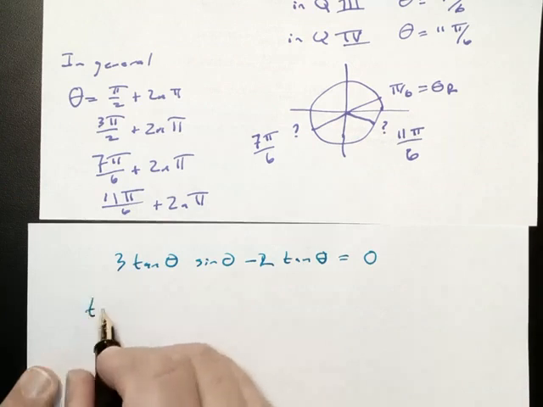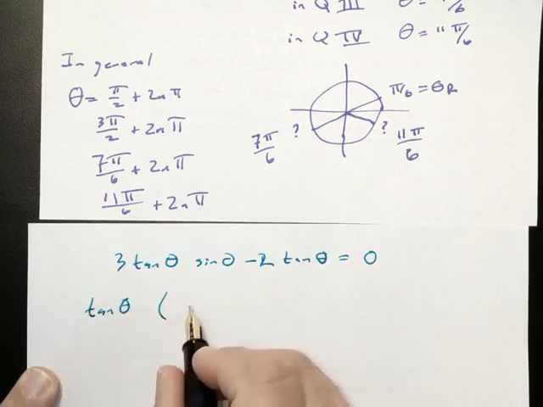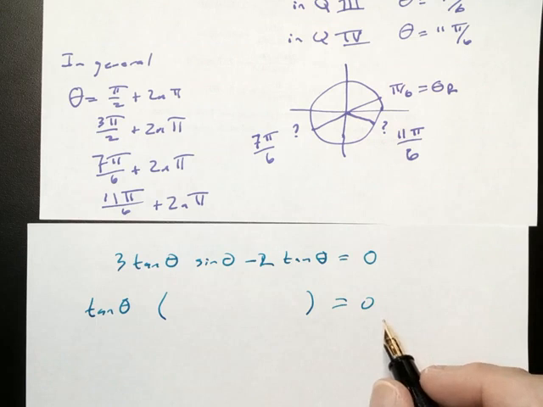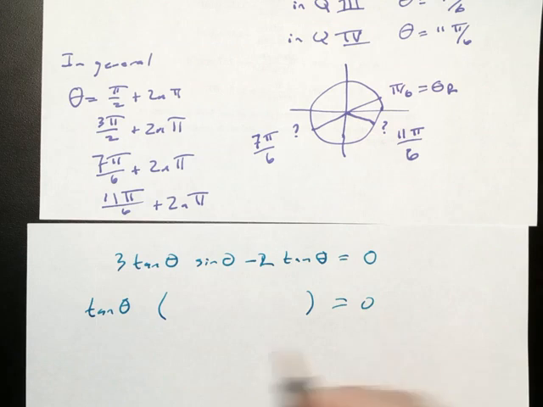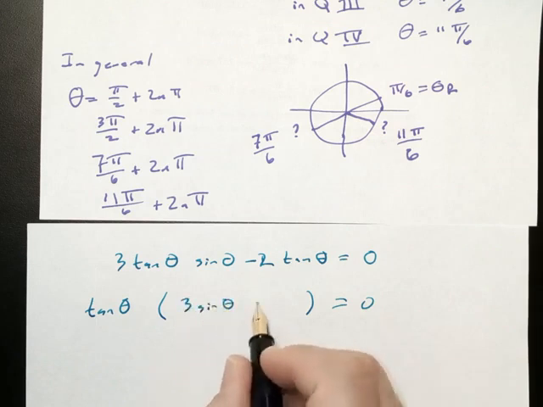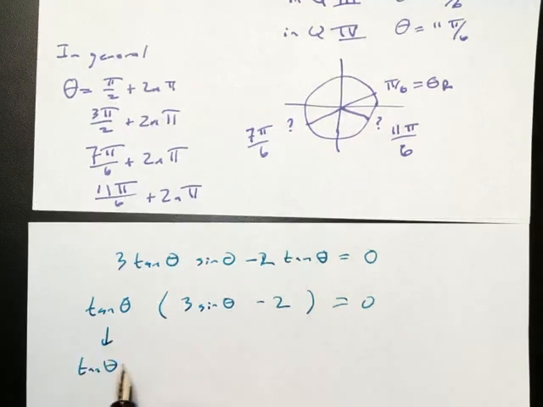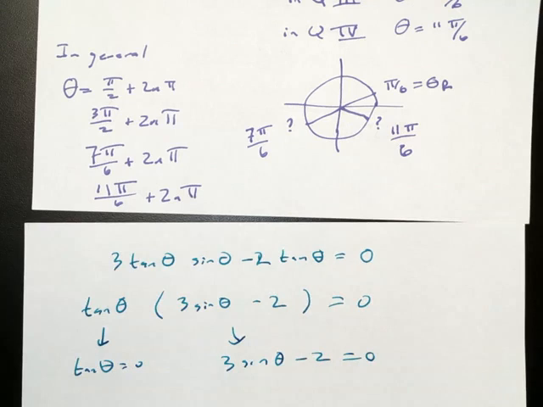So then I get tangent theta times what? So again, either tangent of theta is 0 or 3 sine theta minus 2 is 0.